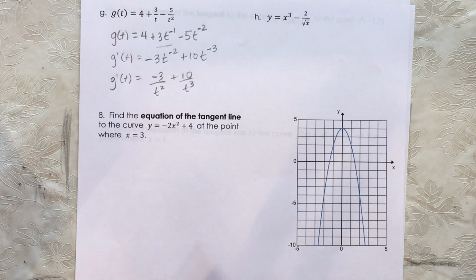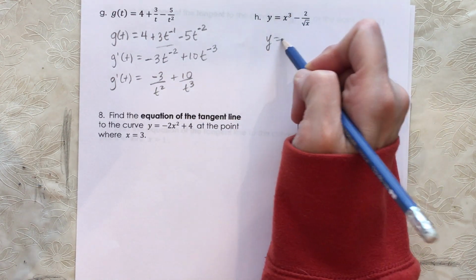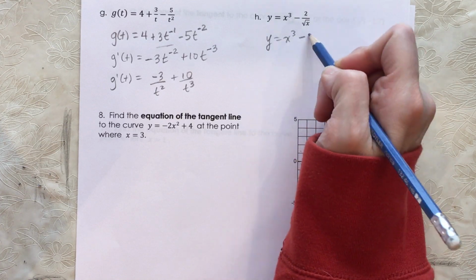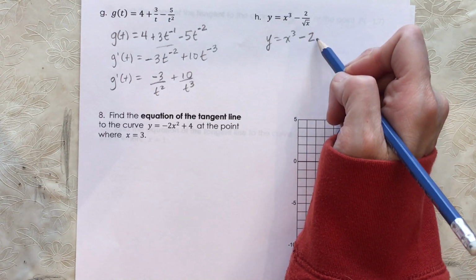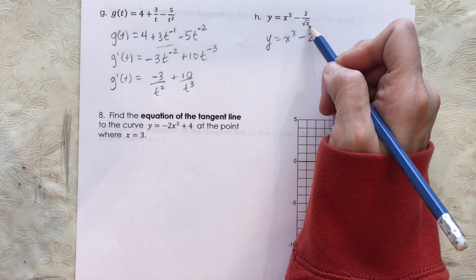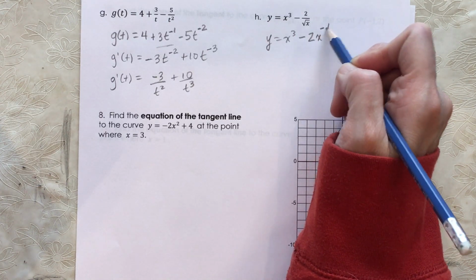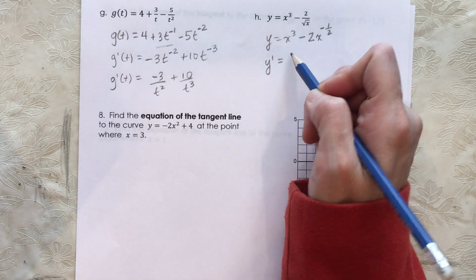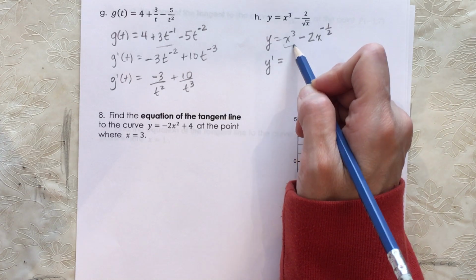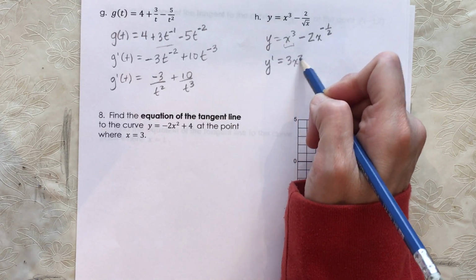All right, and then this one, again, not ready to differentiate. The first term is, but the second one isn't, so we want to rewrite it. And then we could bring the x up, and we know that that's a 1/2 exponent in the denominator, so it'll be a -1/2 exponent in the numerator. For y prime, take the derivative of this first one, 3x squared.